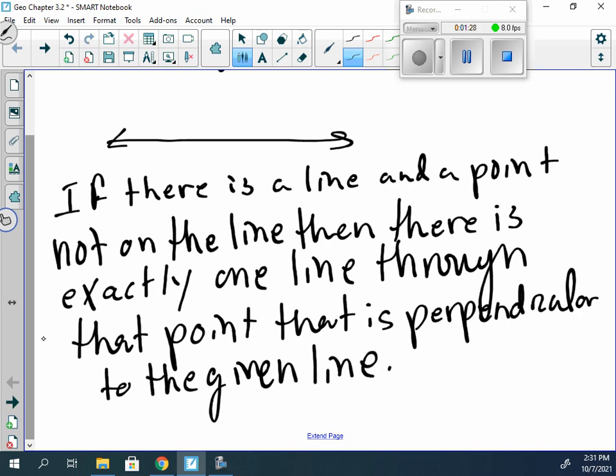Then there's actually one line through that given point that is perpendicular. If there's a line and a point not on the line, then there's exactly one line through that point that is perpendicular to the given line. So that's what we need to correct.